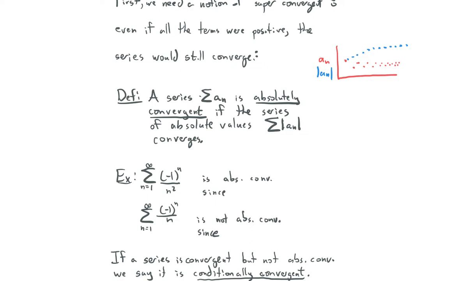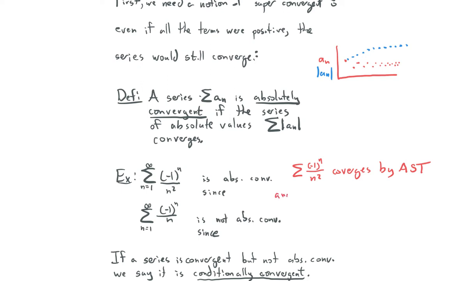So we know that the series (-1)^n over n squared converges. And you can check this by the alternating series test. It's an alternating series, and you can check that 1 over n squared satisfies the two properties that you need to use the alternating series test.